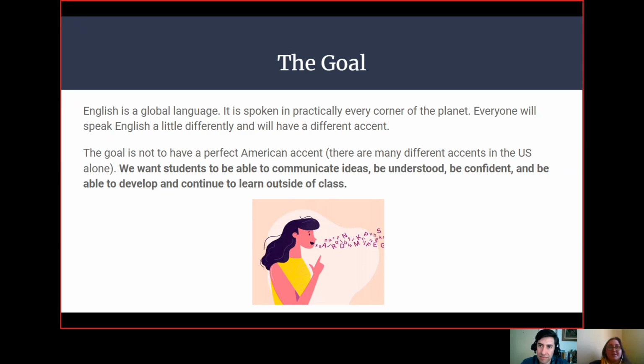What we want is for our students to be able to communicate their ideas, to be understood, to be confident in their speaking skills, and we also want them to be able to continue to learn outside of the classroom, because when our students use English in the real world, the teacher isn't going to be there. So we want to give them the tools.